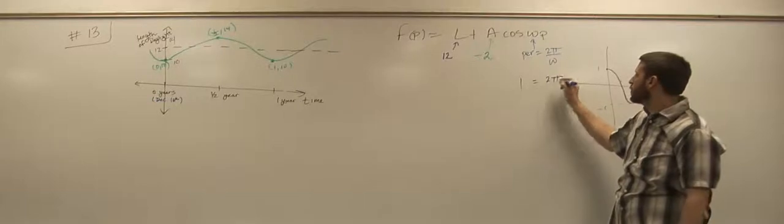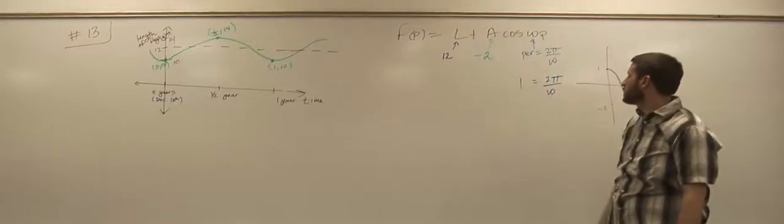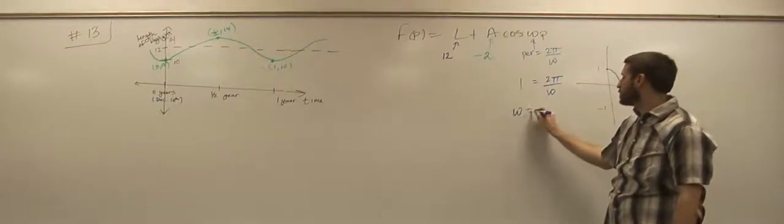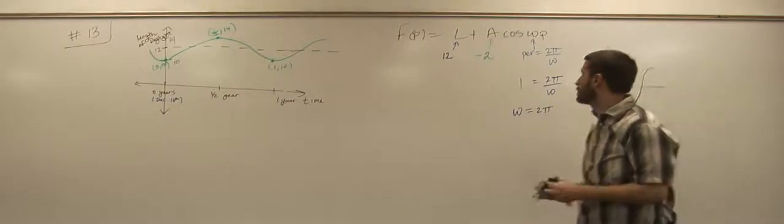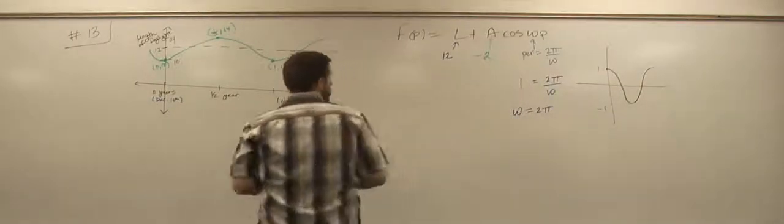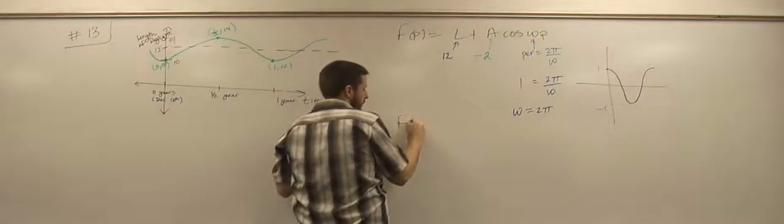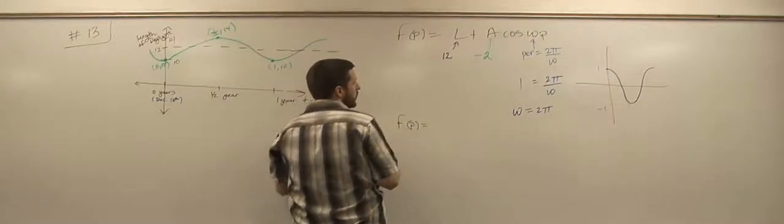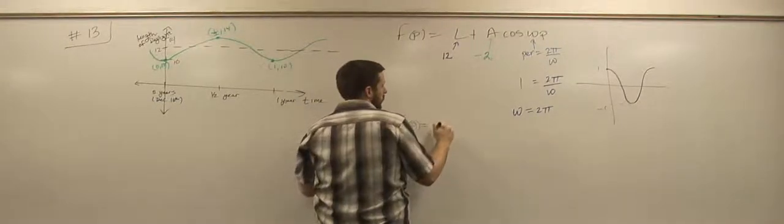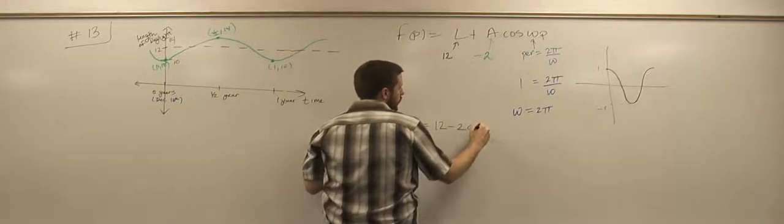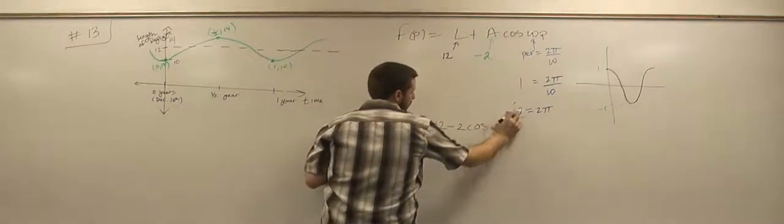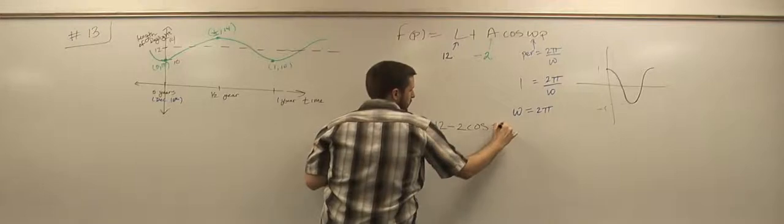Set that equal to 2 pi over omega. So omega is equal to 2 pi. So my function should be 12 minus 2 cos 2 pi p.